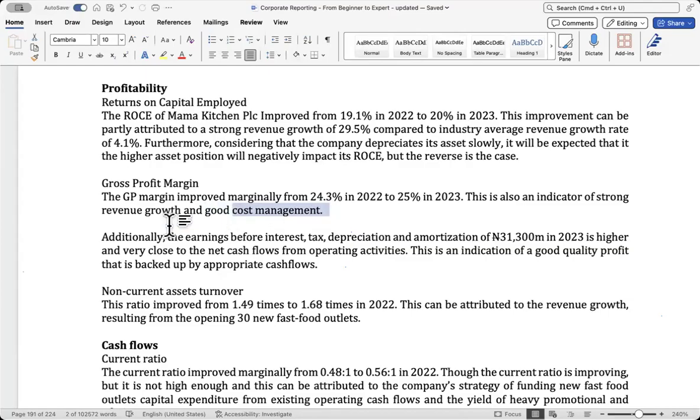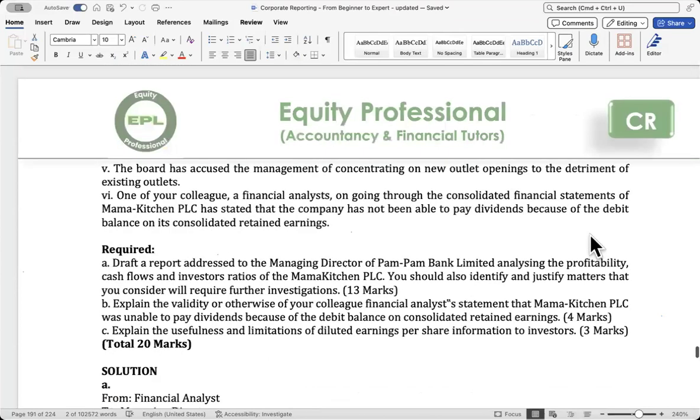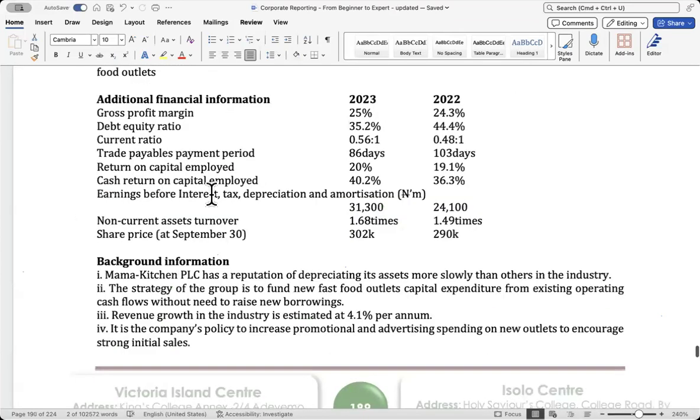And I said, additionally, the earnings before interest, tax, depreciation, and amortization of 31.3 in 2023, I'm talking about these that they gave us. These earnings, before they remove all of these items, it was this.